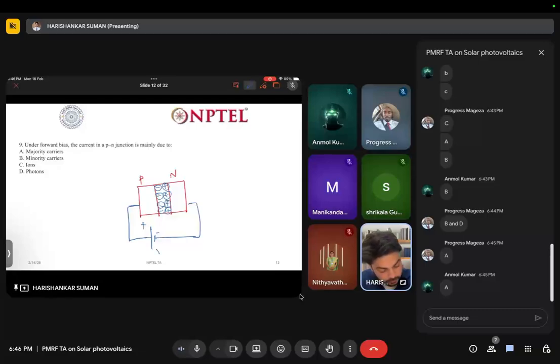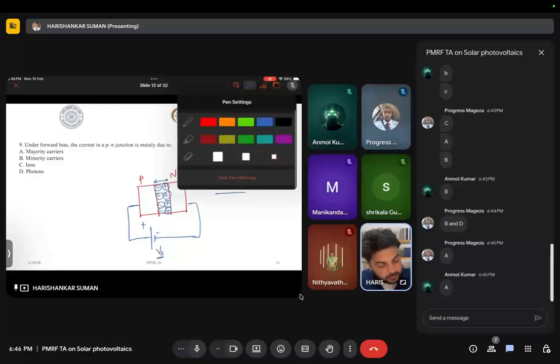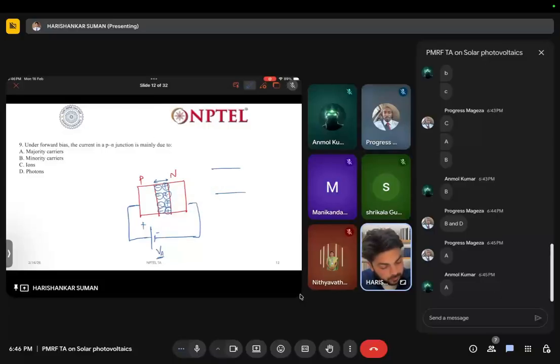Let's say we have some applied battery potential VA, and here we also have the built-in potential, VBI.